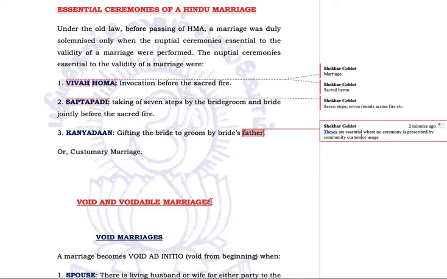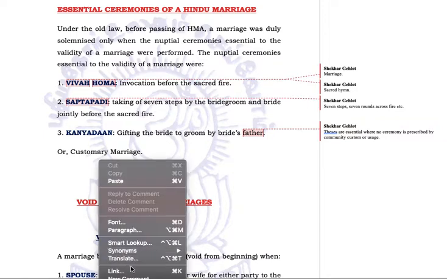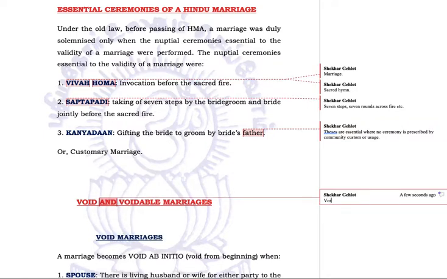Void and voidable marriages. Like we discussed, void and voidable means in the Contract Act we discussed. Void acts are illegal and cannot be regularized. It cannot be regularized. It's void. It's bad per se. Right from the beginning, it is void.